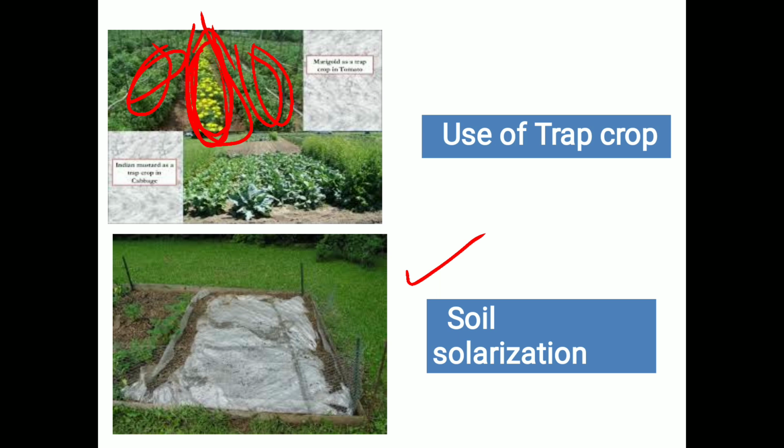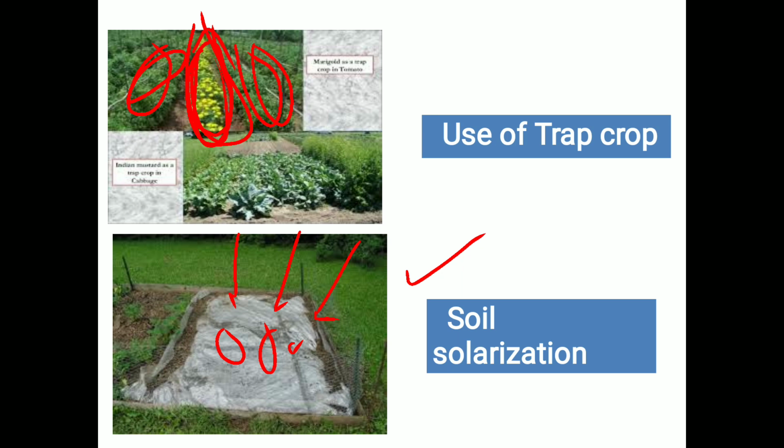The next one is soil solarization. As we know, before the planting, the soil is covered with a black-colored polythene sheet. Due to soil solarization, particularly in summer season, due to the high intensity of sunlight, that polythene sheet gets heated, and due to heat conduction, whatever soil-borne pathogens are present inside the soil are completely killed.